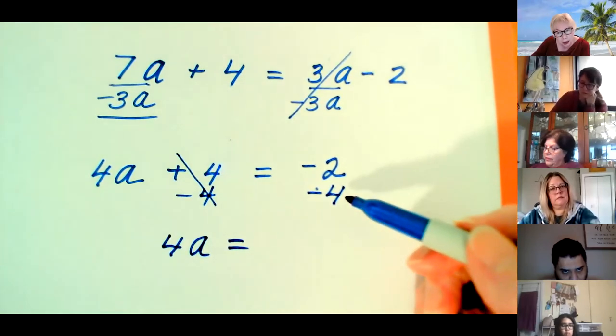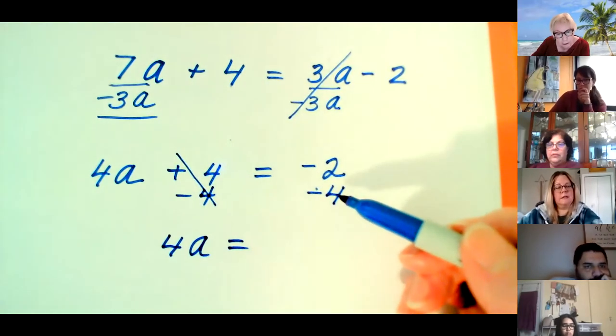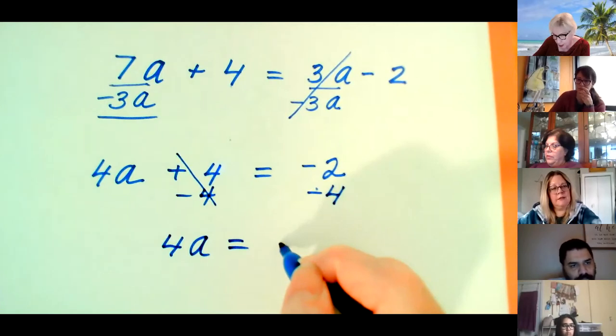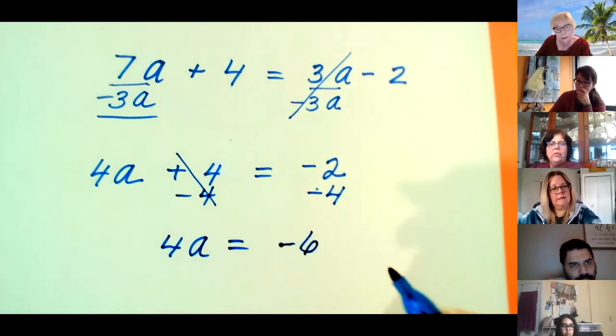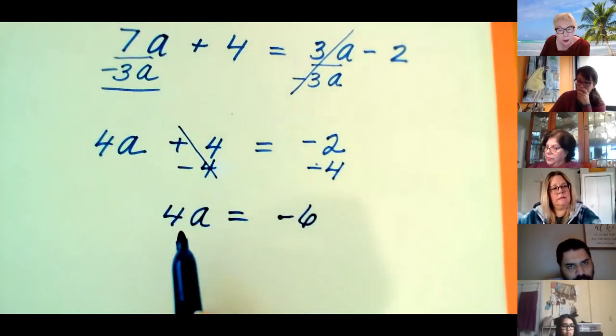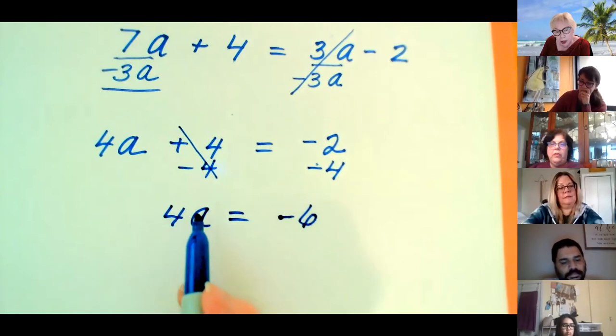And I have to combine these. So if I have a -2 and another -4, how much do I have? -6. Correct. And so now I'm down to a one-step problem. It's 4 times a.